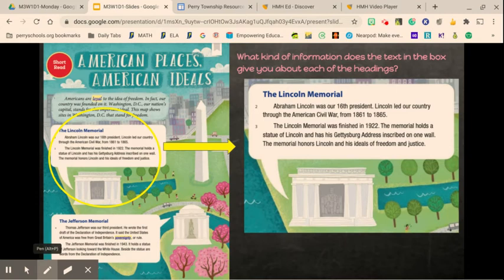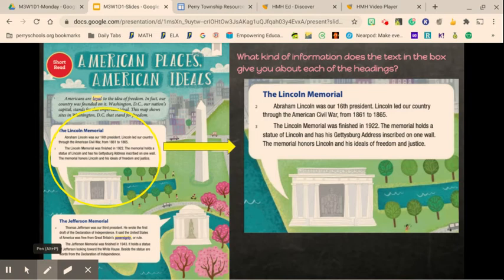So this one, Lincoln Memorial, the text says, Abraham Lincoln was our 16th president. Lincoln led our country through the American Civil War from 1861 to 1865. The Lincoln Memorial was finished in 1922. The memorial holds a statue of Lincoln and his Gettysburg Address inscribed on one wall.